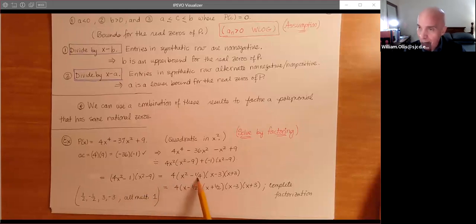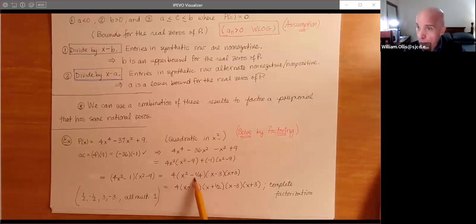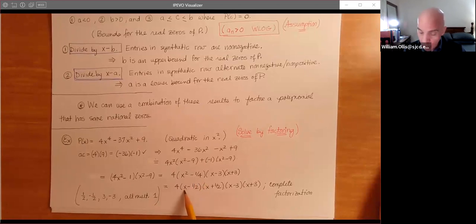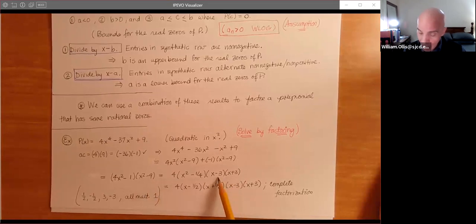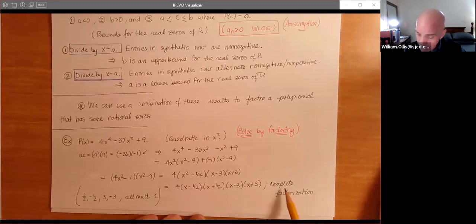So we have x squared minus a quarter, or 1/4. And again, that's a difference of two squares, which we can factor as x minus 1/2 and x plus 1/2. And of course, this x squared minus 9 is also a difference of squares, x minus 3 times x plus 3. So what I've written here is the complete factorization.